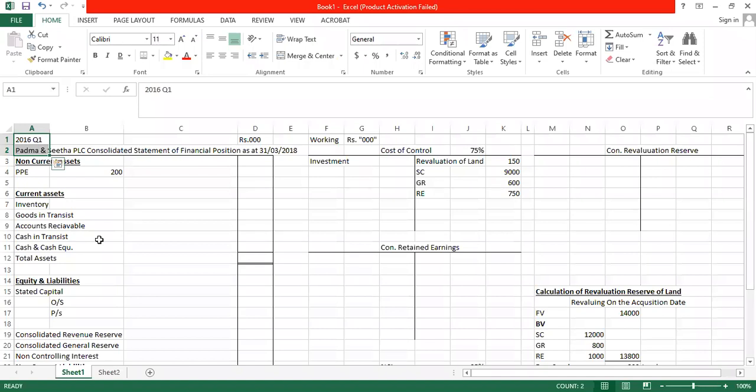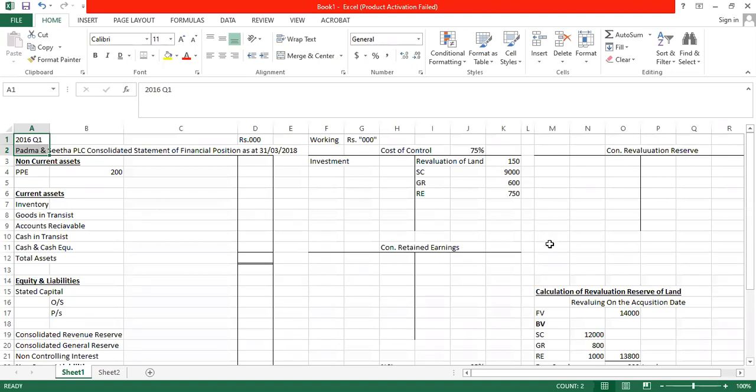If it is unsold, we can't identify that profit margin. The same inventory is with Padma and Sita, now one group. So we can't identify the margin as a group, it's incorrect. So we have to remove that 20% margin.